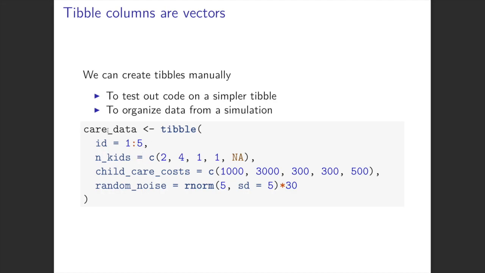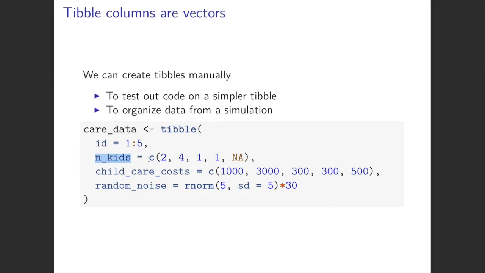So here's an example of creating a tibble called care data. I'm assigning it so that I'll save it into memory. I used the function tibble, and what tibble expects is a bunch of named columns. So ID is going to be a column with the numbers 1 to 5 in it.